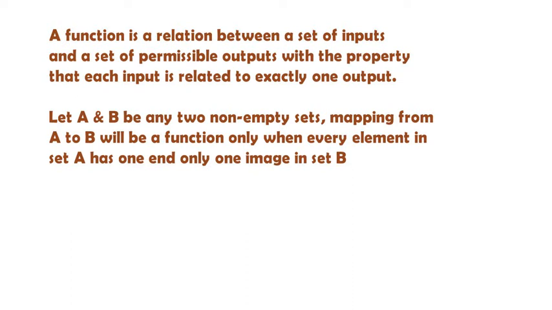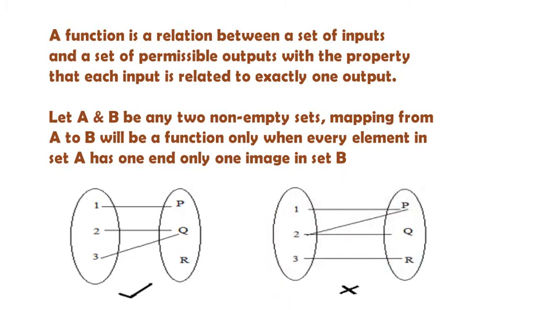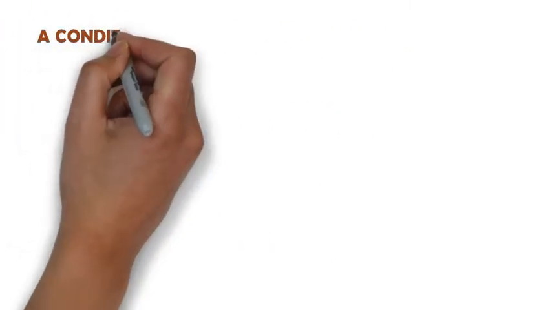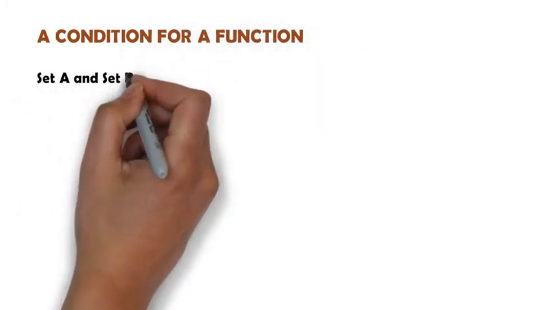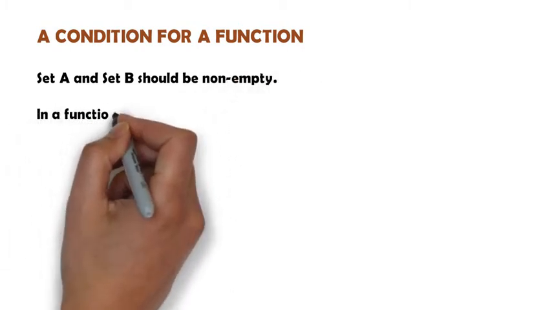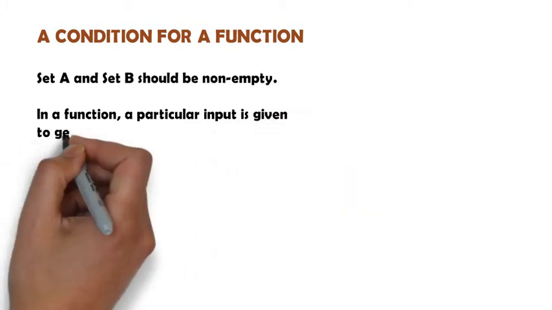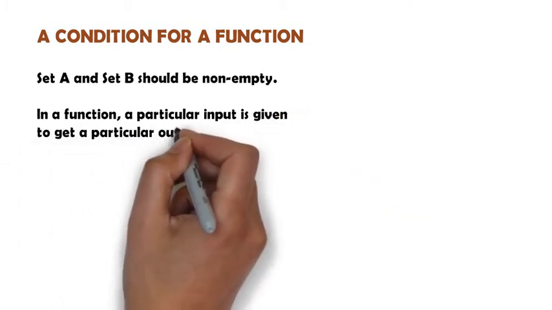A mapping from A to B will be a function only when every element in set A has one and only one image in set B. A condition for a function: set A and set B should be non-empty. In a function, a particular input is given to get a particular output.